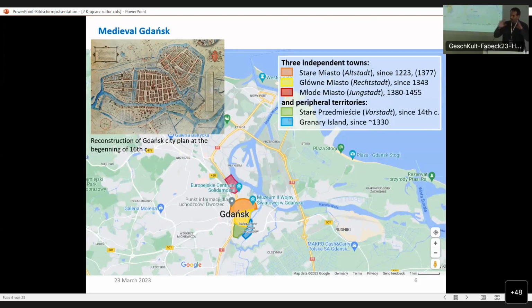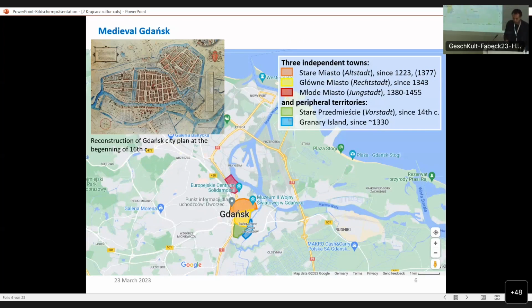Now Gdańsk is a large city at the very coast, so everything you can see on this Google map is now inside Gdańsk. But in medieval and early post-medieval times, Gdańsk was much smaller. In fact, it was three separate towns, here in yellow, orange, and red.